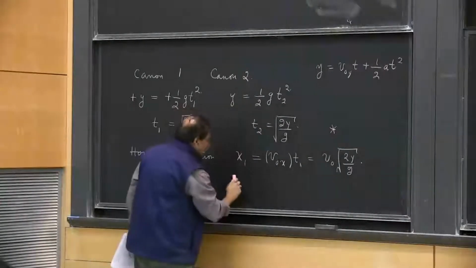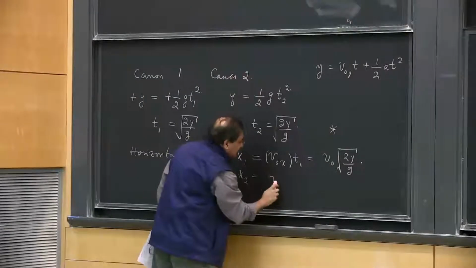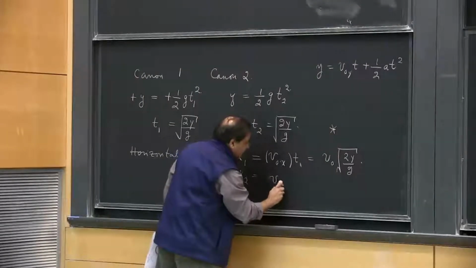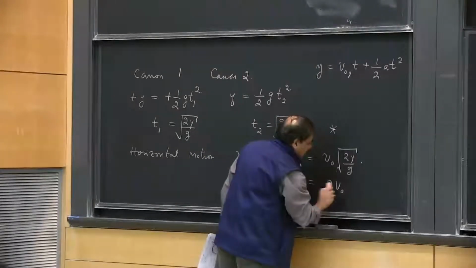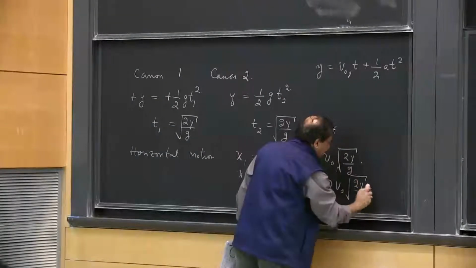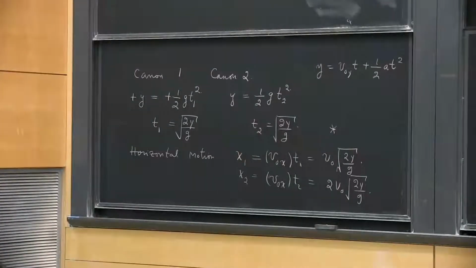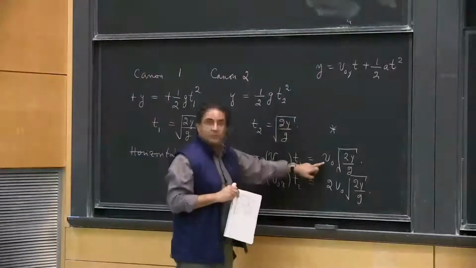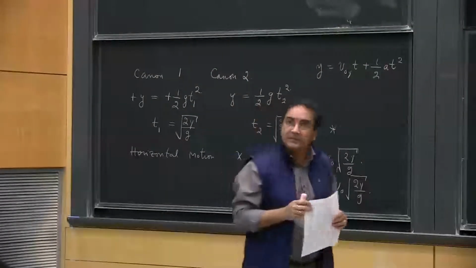And similarly, x2 would be twice v0x, or v0x is generic, times t2, so that will be twice v0 times square root of 2y over g. So I can actually figure out how much horizontal distance is traveled just from knowing how high I am positioned, what is the acceleration due to gravity, and what is my typical velocity for the cannon. Okay? Any questions?